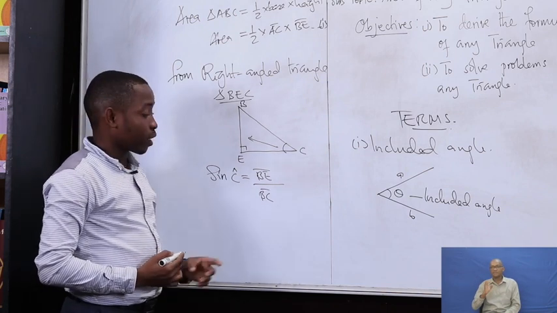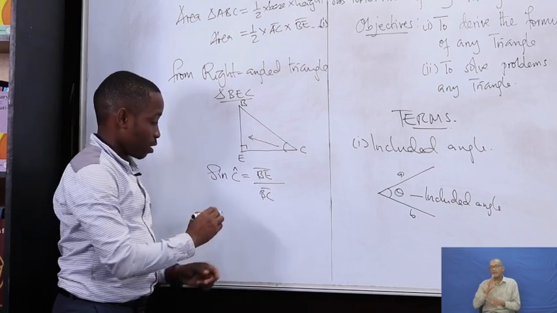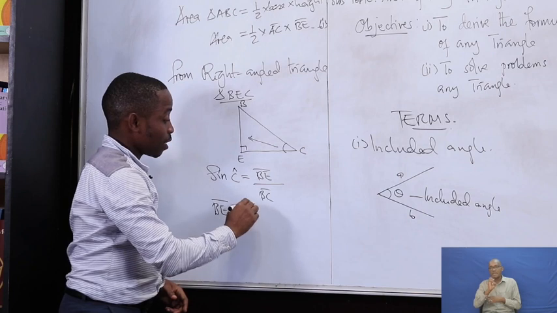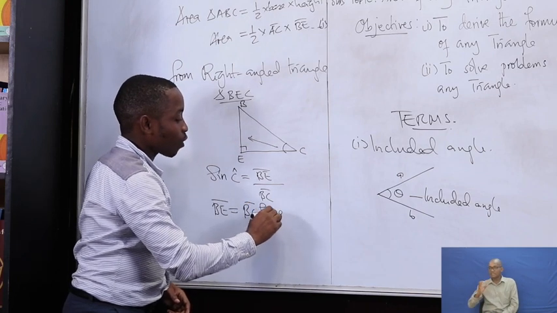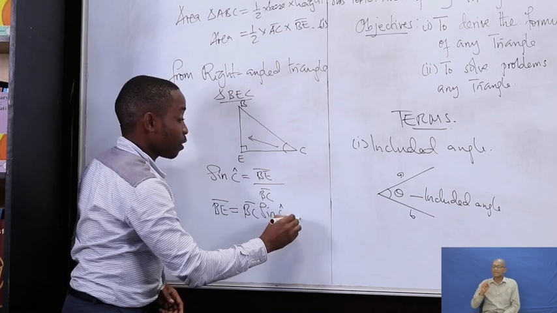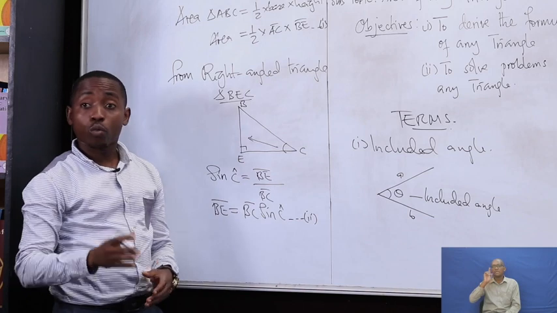Now for this case, we get our value of BE. Once we make it the subject, BE equals BC multiplied by sine of angle C. This is the second equation. So up to now we have two equations.